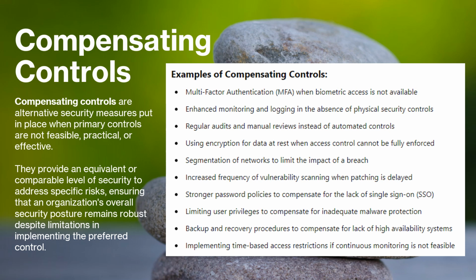That being said, when you use a compensating control, it has to be equal to or more than what the original control is. But the whole point is that you use a compensating control when the original one that you want to use cannot be used for whatever reason, right? So that's the main point.